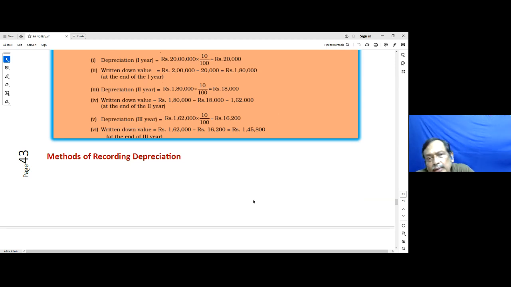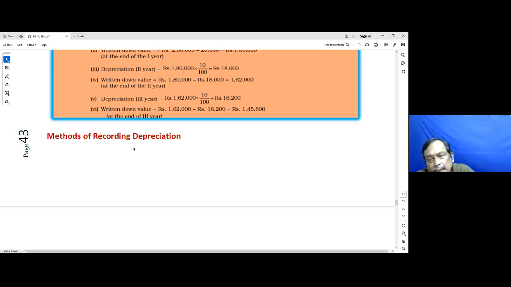So the written down value is rupees 1,80,000 minus 18,000, that is 1,62,000 at the end of the second year. Depreciation, third year: 1,62,000 into 10 by 100, it comes to 16,200. So the written down value is equal to 1,62,000 minus 16,200, that is 1,45,800 at the end of the third year.